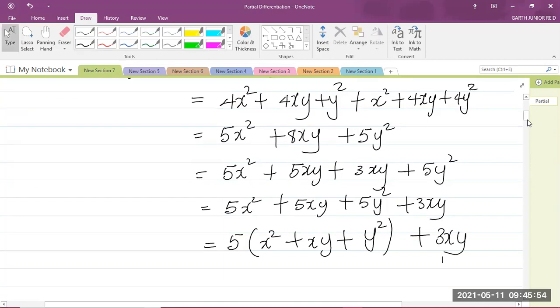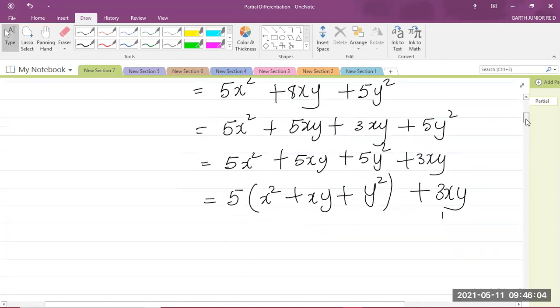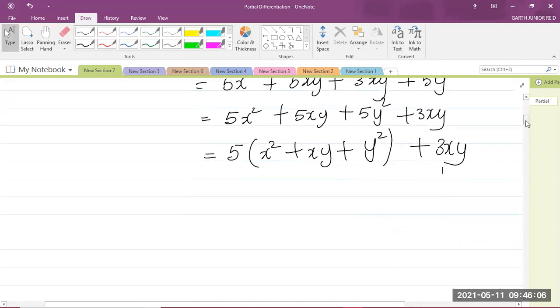Now if I go back up, remember the function f of xy was x squared plus xy plus y squared. That was the function that they gave us. So if you look inside the brackets, that is exactly what we have: x squared plus xy plus y squared. So this is now equal to 5 times the function f of xy plus the 3xy.